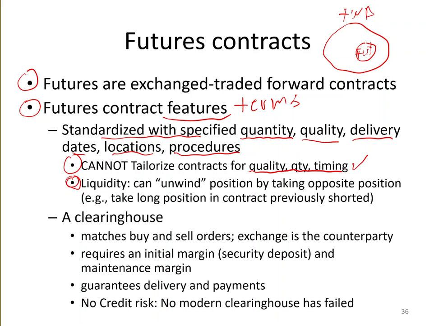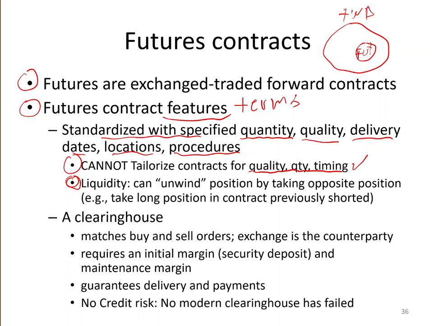An advantage of futures contracts is that they create liquidity. Once you enter into a contract to buy a particular asset, if it's a forward contract, you're pretty much stuck with it. However, with a futures contract, if you go long today, meaning you enter into a contract to buy December soybeans, and you change your mind, you just go back the next day to that December contract and you sell it.